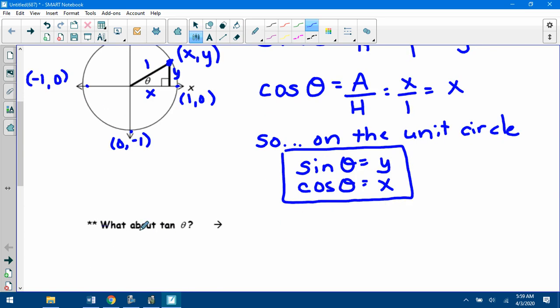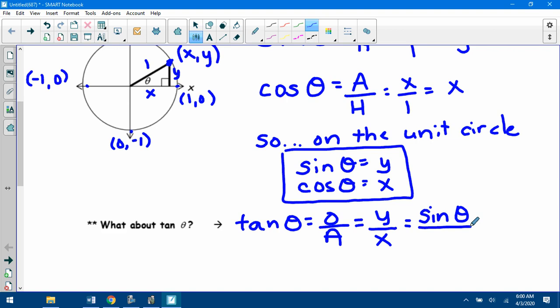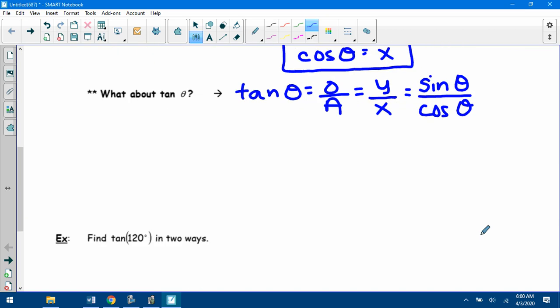What about tangent of theta? Well, using that same picture, tangent of theta is opposite over adjacent. So on my triangle up here, what's tangent? y over x. But what did I just say y was? y is sine of theta. And what's x? Cosine of theta. So that kind of gives us a new way to find tangent if we wanted to. So tangent of theta on the unit circle is always equal to y over x.